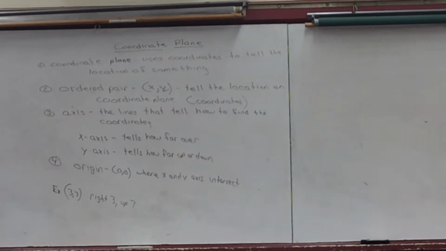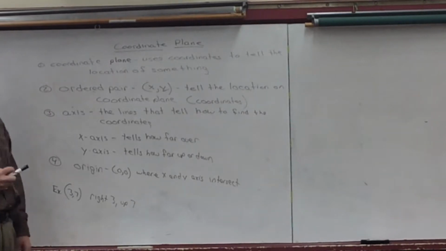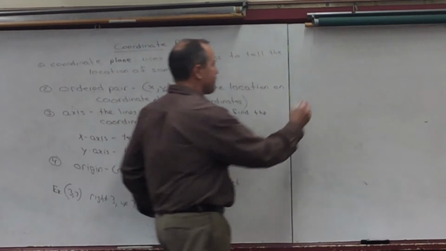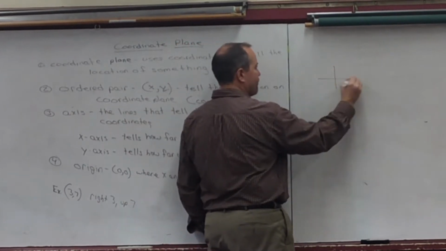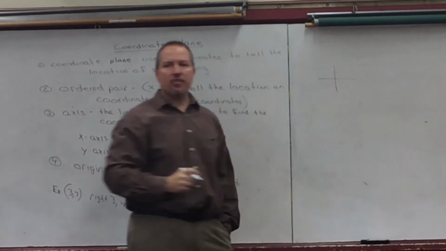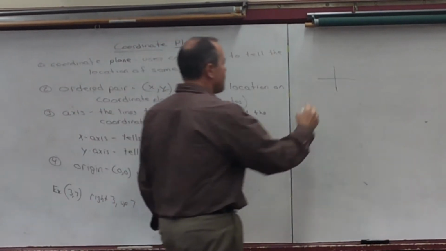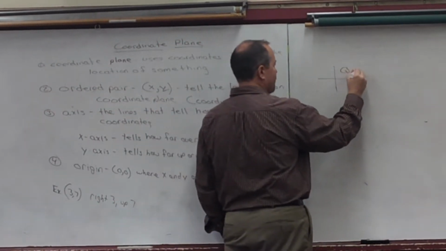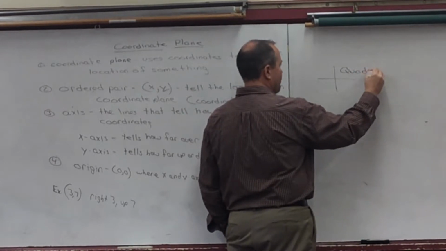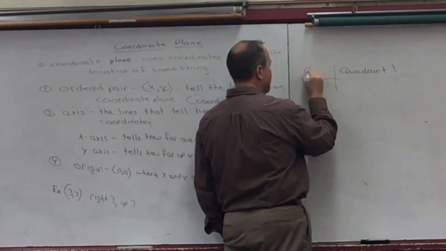Now this year, up until the PSSAs, we are only going to deal with what we call the first quadrant. Okay? The x and the y-axis, when they intersect, create 4 sections. This is quadrant 1. This is quadrant 2.